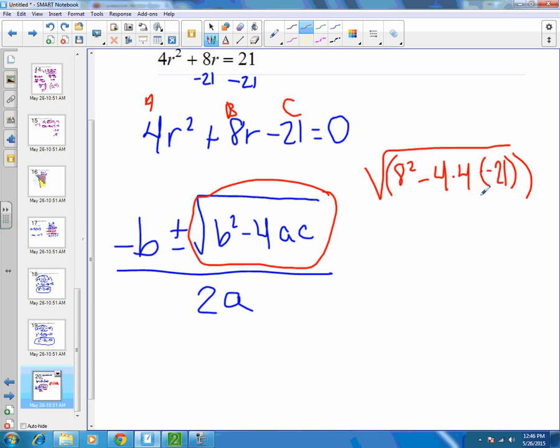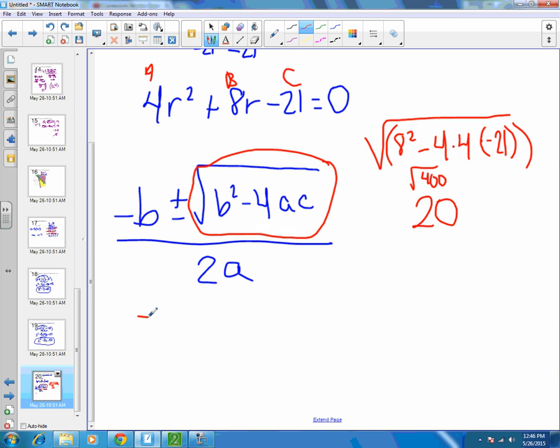So I'm going to go ahead and plug that in right now. And I should get 20 here. So you should get the square root of 400, which is 20. So instead of this part here, I'm going to put a 20.